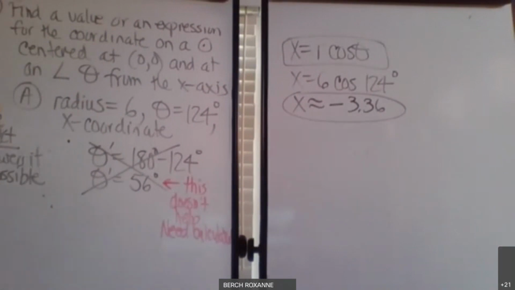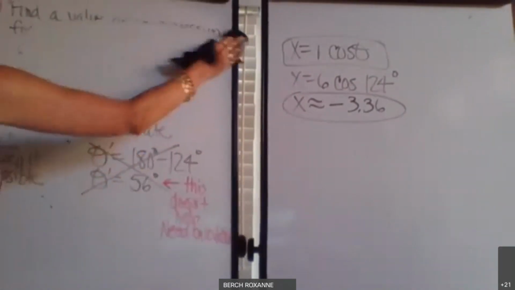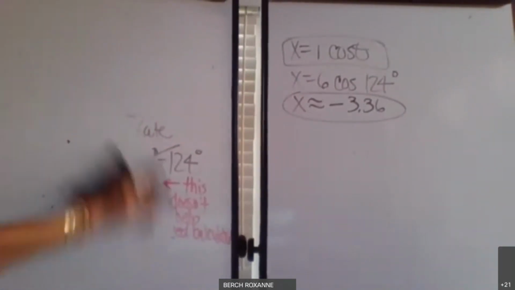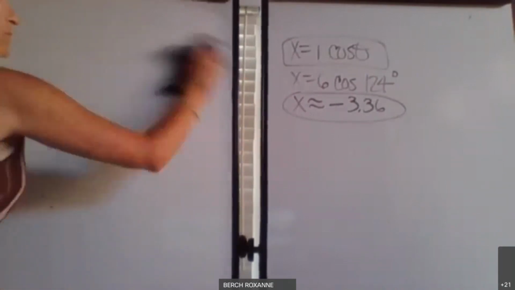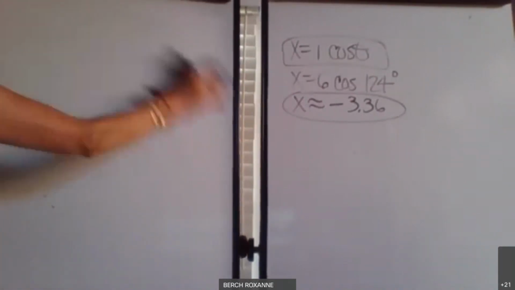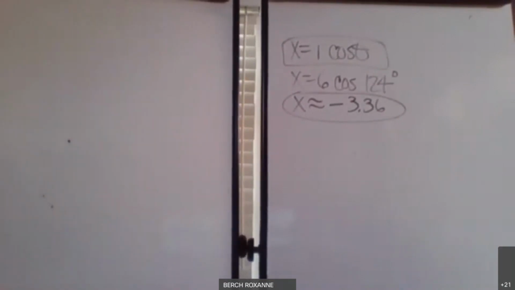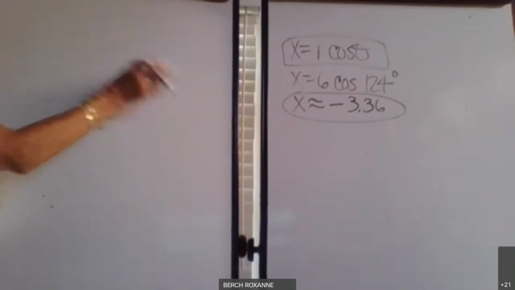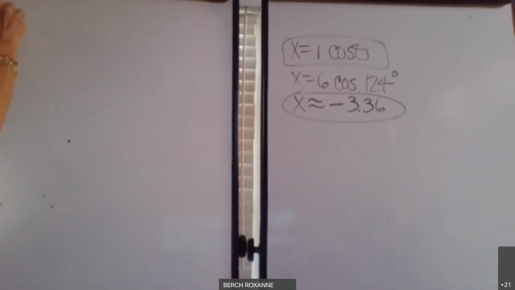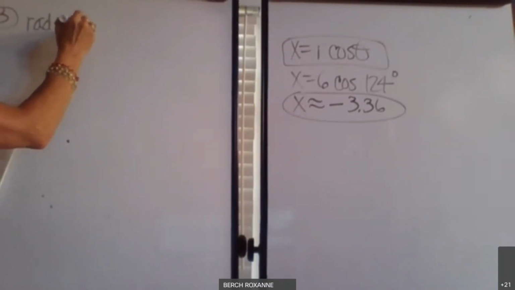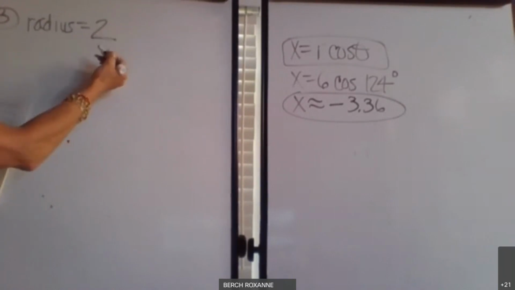We're going to do the same type of problem, different problem. So this is B. It's pretty easy, right? In this case, the radius is 2.